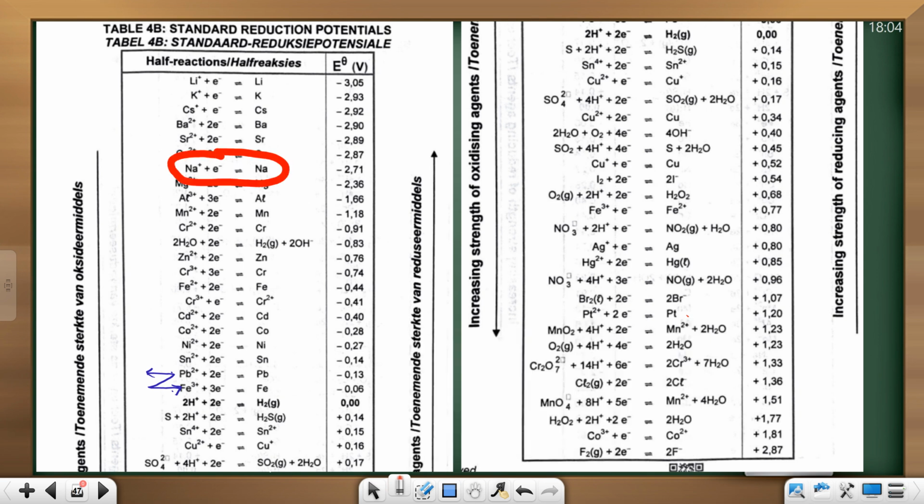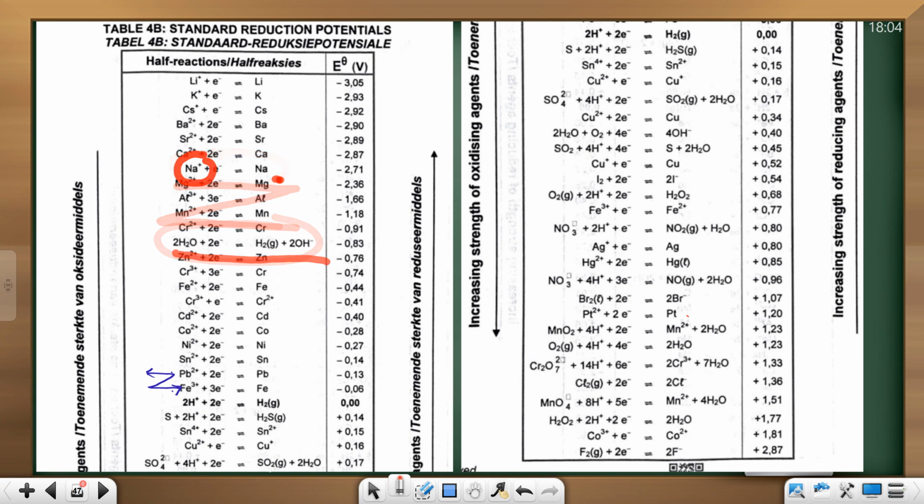Sodium is on top. Water is at the bottom. If I write my Z, what are you expecting? Sodium should be what? Oxidized to sodium ions. Do you have sodium? No. We have sodium ions. And water should be reduced. Do we have water? Yes.